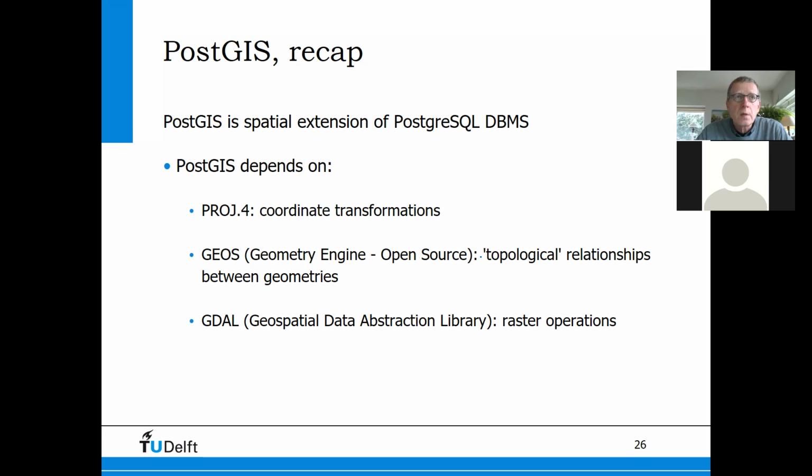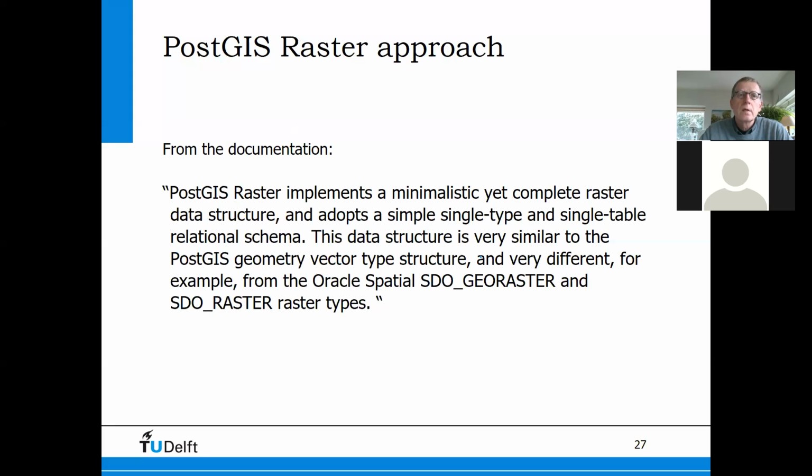Remember Egenhofer, Clementini kind of operations. And it also uses the GDAL library, the geospatial data abstraction library, where a lot of raster support is, input, output, but also some operations. And PostGIS is building on this.